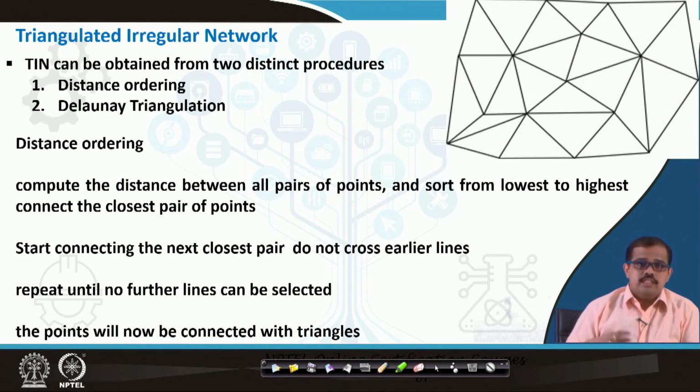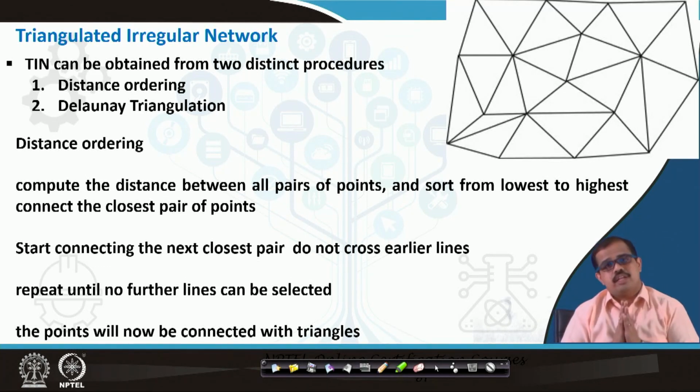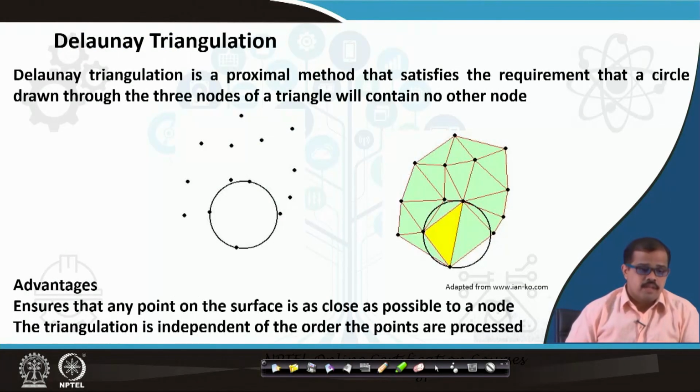The points will now be connected as triangles. This is called distance ordering. Each triangle represents a region where there is absolutely no change in the terrain, so it is representing the terrain values. That's one kind of modeling as far as distance ordering is concerned.